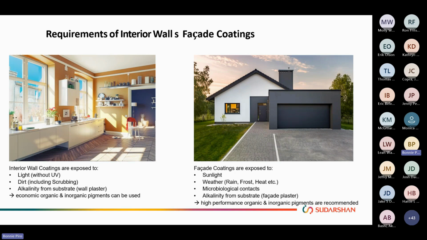When you move to the outside, obviously durability has to be considered in the selection because there is sunlight and various types of weather, whether it be rain, frost, heat, as well as very specific areas such as acid rain, for example. In addition, there is always going to be the thought of microbiological contamination.